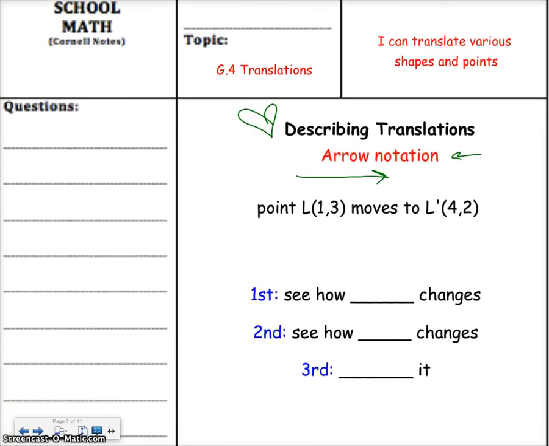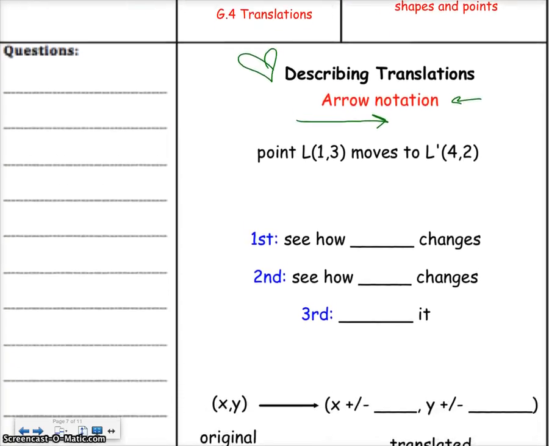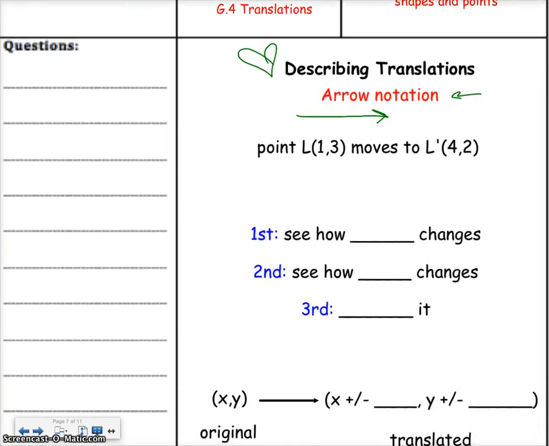So if I want to know, hey, if point L originally was at (1, 3), and then the new point L prime is at (4, 2), what is the translation? When you describe translations, you would say (x, y) slides to whatever the rule is.